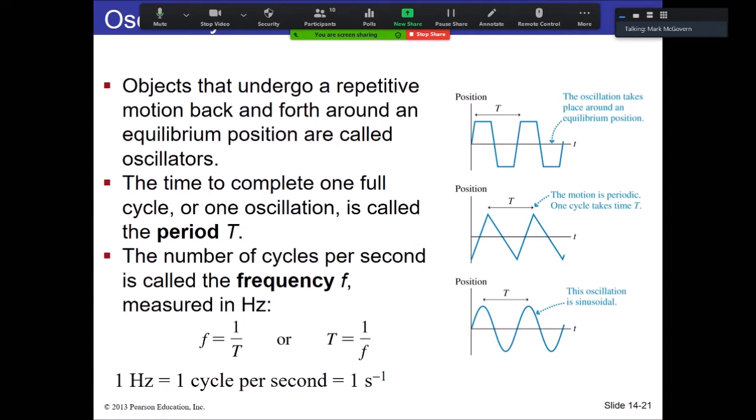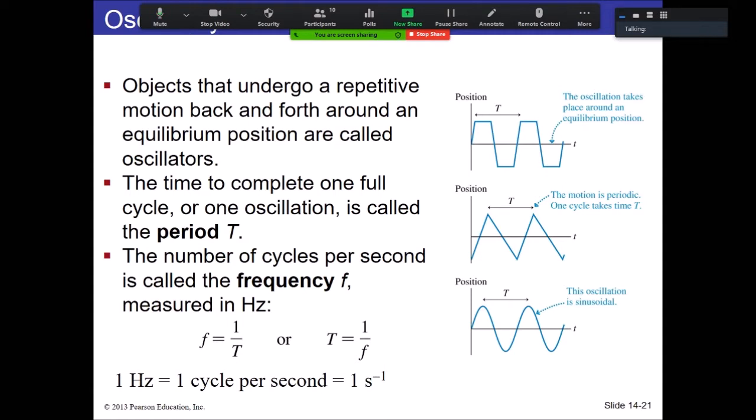Now, from a mathematical standpoint, sinusoidal functions are very easy to model because they involve sine and cosine functions. The principles that we'll talk about will certainly apply to the graphs that lie above it. They just don't have as convenient a mathematical formulation. You could treat those things, but they're just not going to be as easy to do.